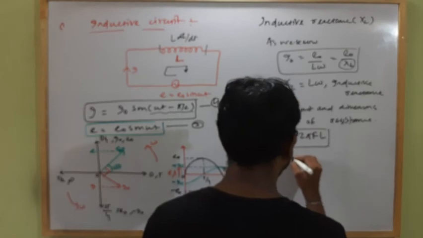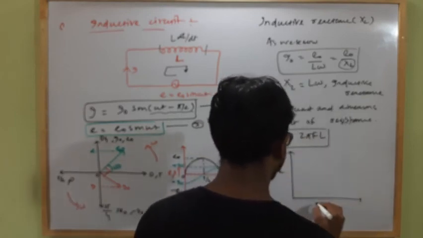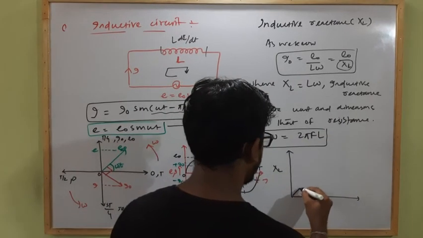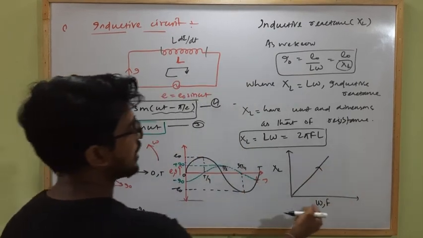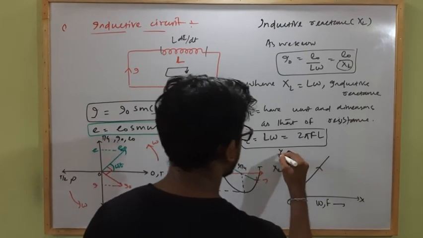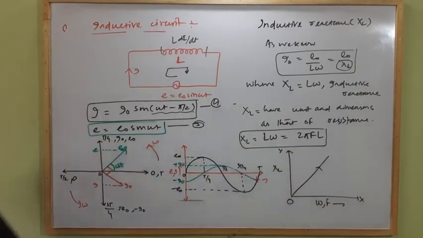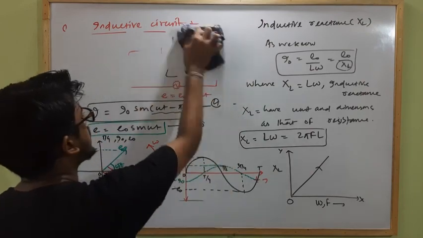So it is the graph between XL and omega. Directly proportional, so it will be like this. Clear? XL is directly proportional to frequency or angular frequency. Okay. So what is the value of XL for DC?